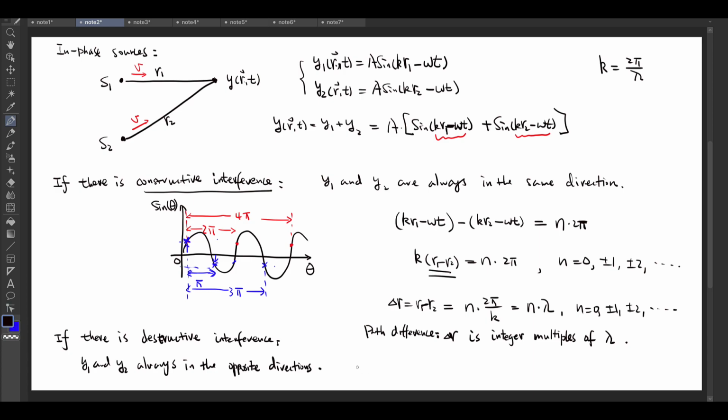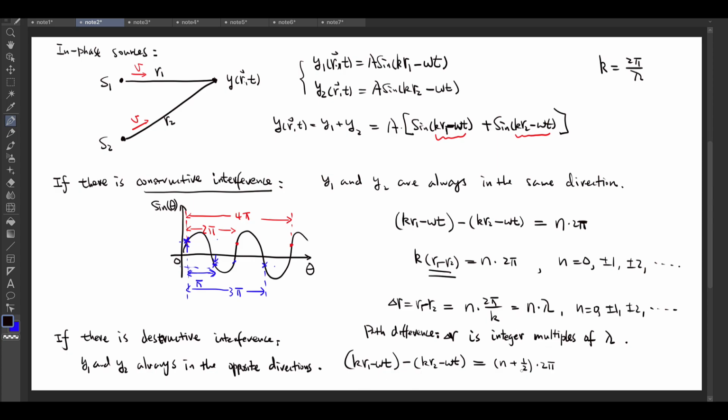So we need kr1 minus omega t minus kr2 minus omega t equals pi, 3 pi, 5 pi, etc. So it's half integer times 2 pi.